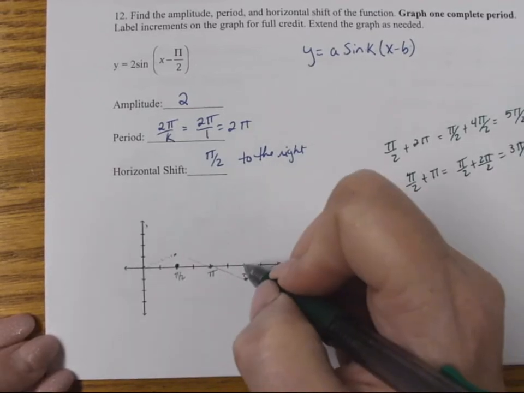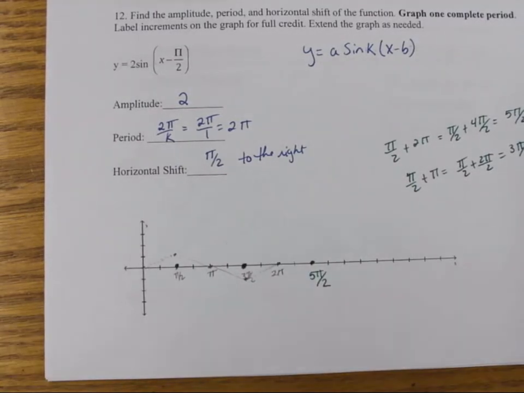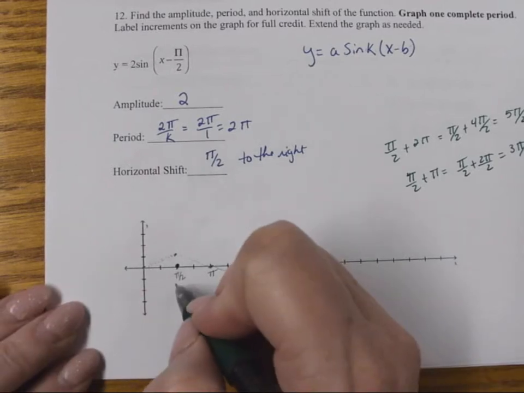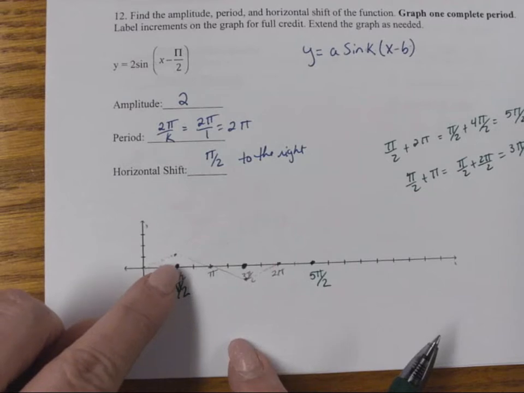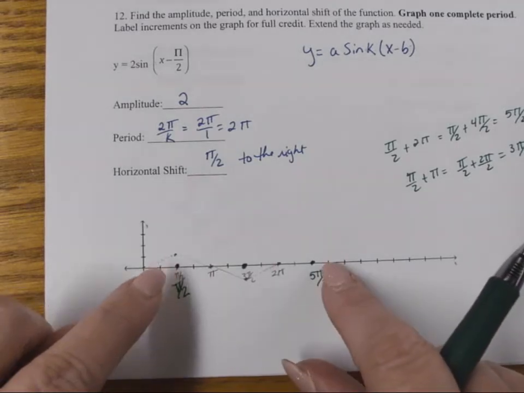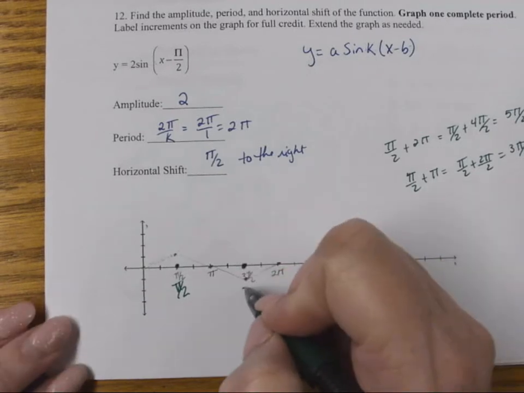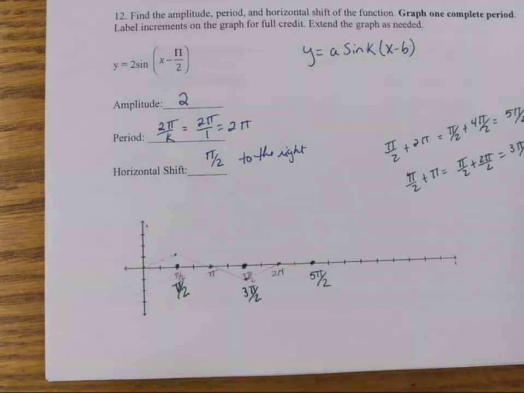So we're still going to be using that 3 pi over 2, but we're actually going to be intercepting at that point. You can also look at the fact, and I'm going to make that a little bit darker so you can see, that if it's at pi over 2 and 5 pi over 2, the middle of that is going to be 3 pi over 2. So these are the increments we're looking for to label on our graph.